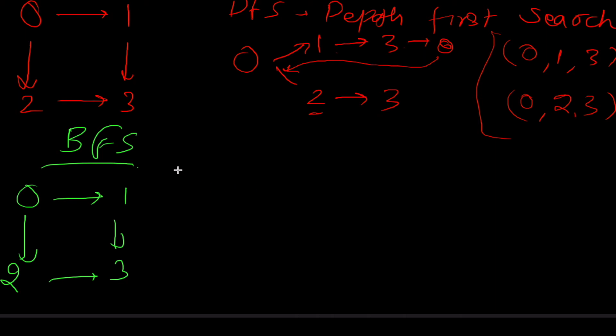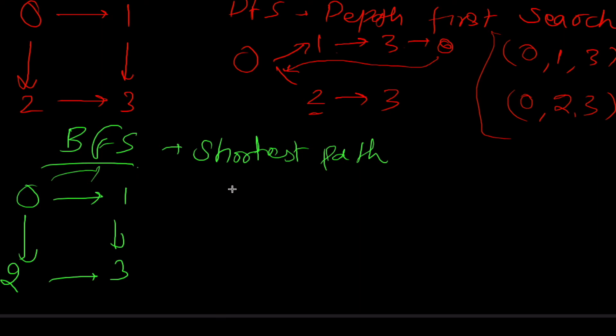So BFS is generally used for finding shortest paths because, given a source and destination, BFS can find it much quicker because you will not go much deeper into the graph, and you would essentially traverse all the neighbors first before going to the depth.